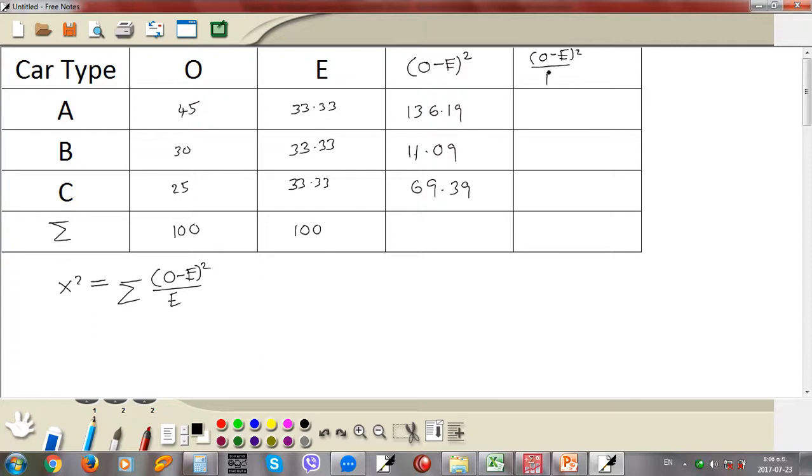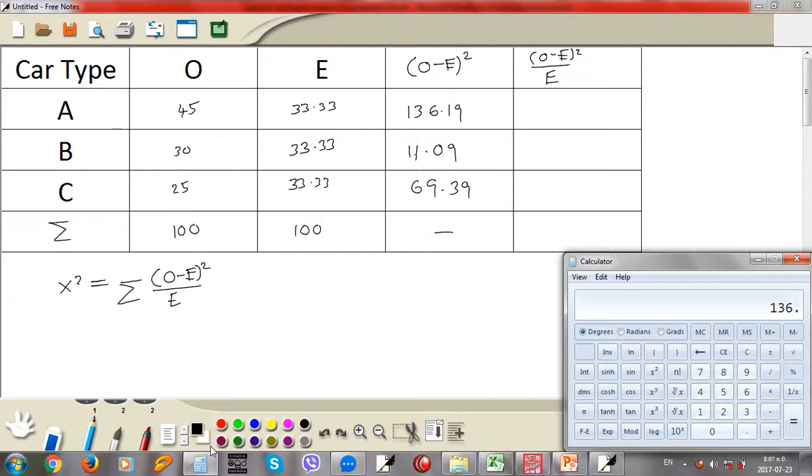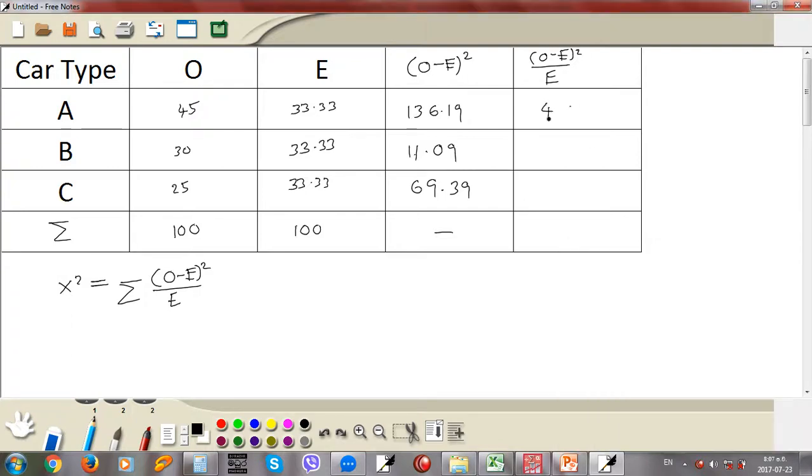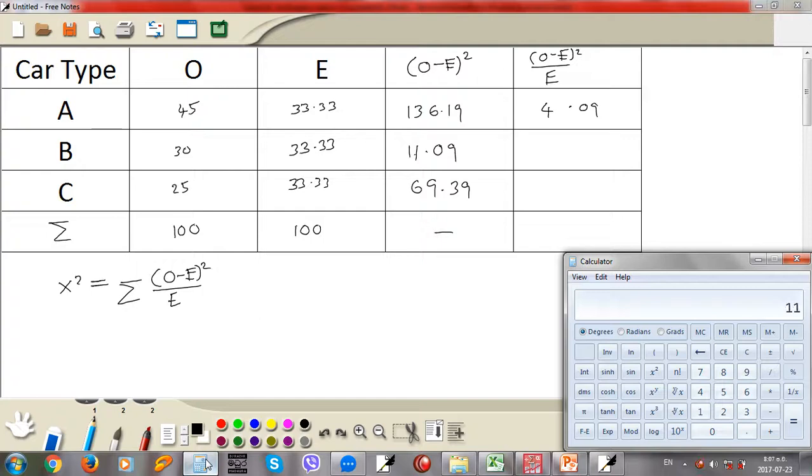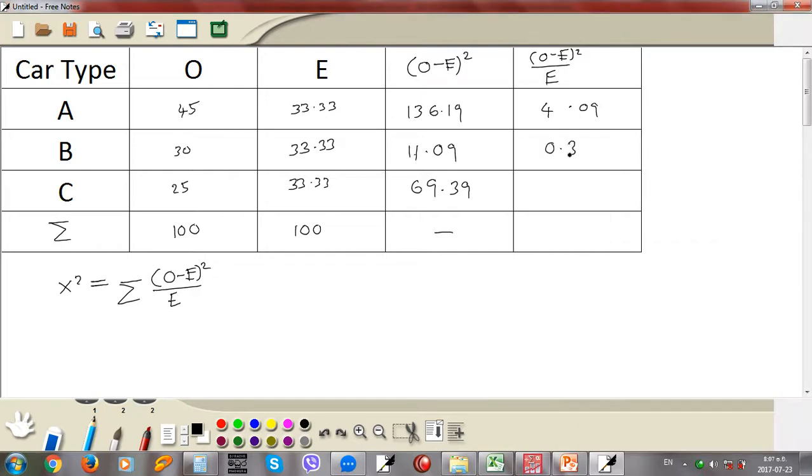Right, then we have to divide the squares by the expected value. 136.19 divided by the expected value 33.33 gives 4.086, so 4.09. Next, 11.09 divided by 33.33 is 0.3327, so we write 0.33.